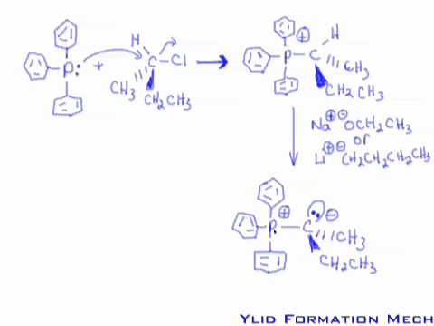Now, why would this deprotonation occur quite readily? Well, it is resonance stabilized. I can dump these 2 electrons towards phosphorus, and I can make a phosphorus-carbon double bond.